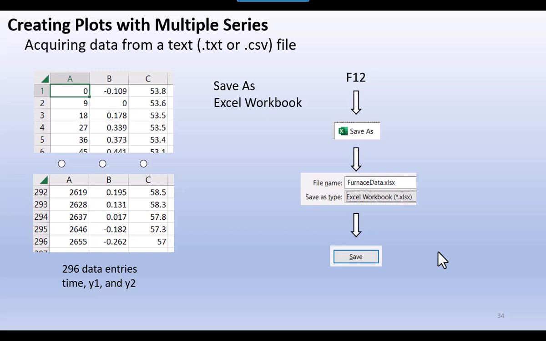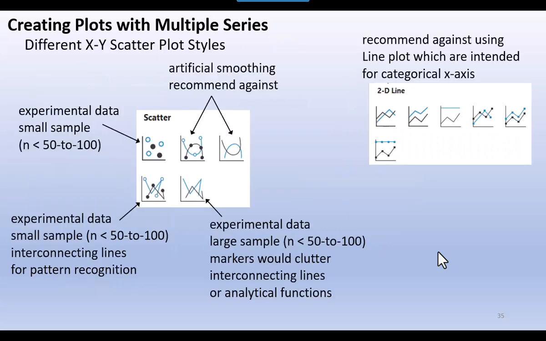And then we note that we have 296 data entries, and we have two variables. And so we save it as an Excel workbook right away. And then we come up and decide what style plot we want to use.